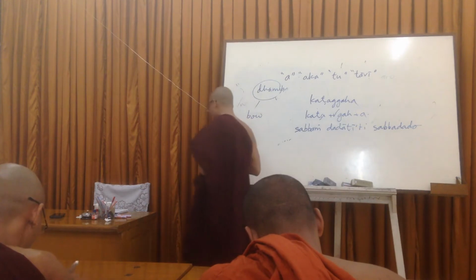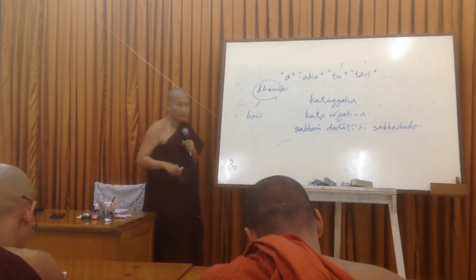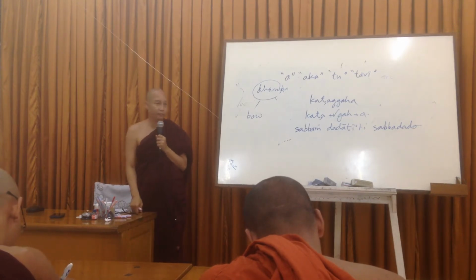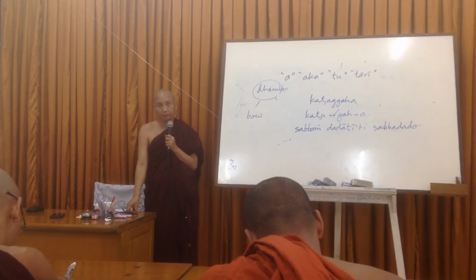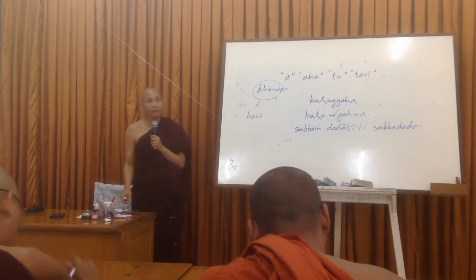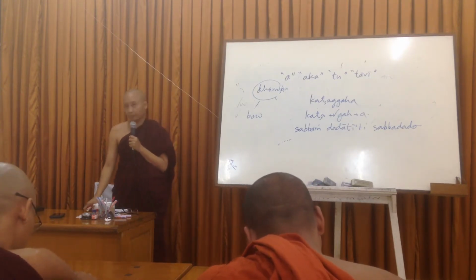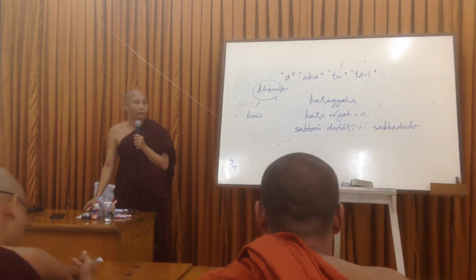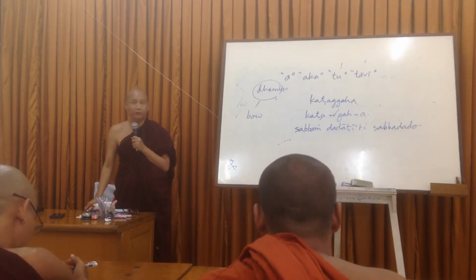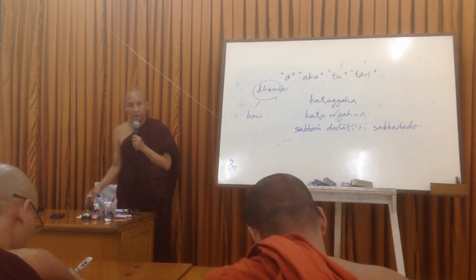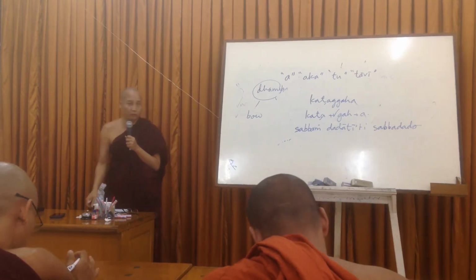Sabbam dadati, sabbadado. What is da? To give. Sabba means all. One who gives everything. So what is everything? Life: you will have long life, you will be beautiful, you will be happy or prosperous, you will be strong. Such things are called everything, according to the Dana Suttas.